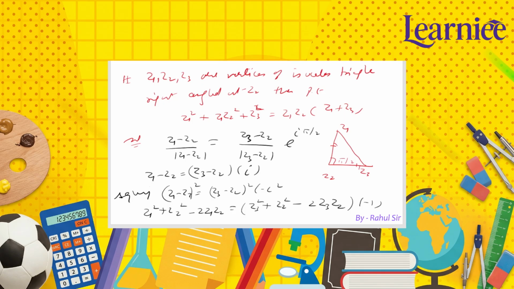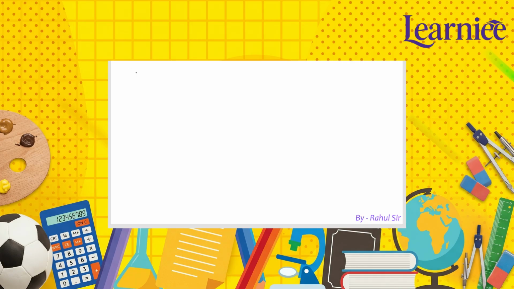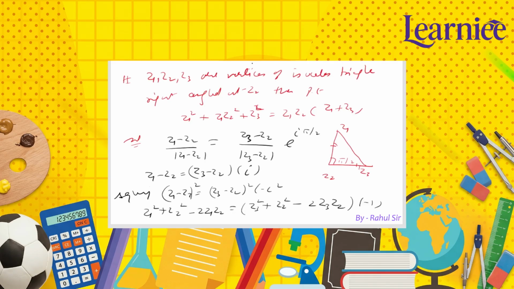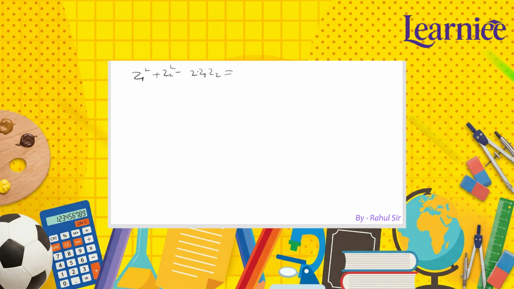Okay, so what we'll get is Z1 square plus Z2 square minus 2 Z1 Z2, and then minus 1, so essentially it will be 2 Z3 Z2 minus Z3 square minus Z2 square.